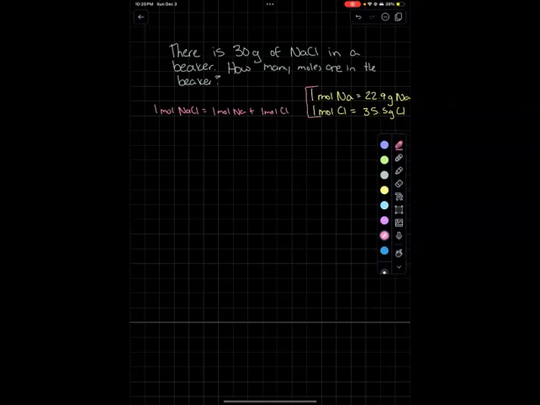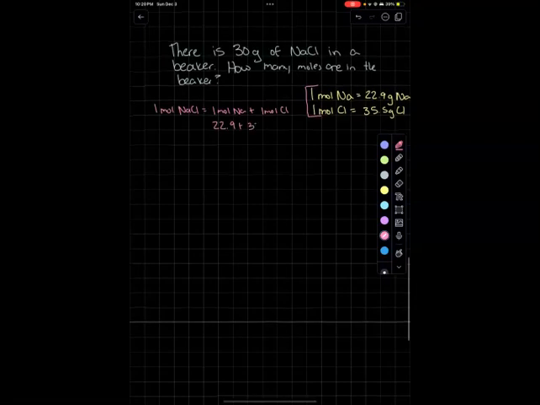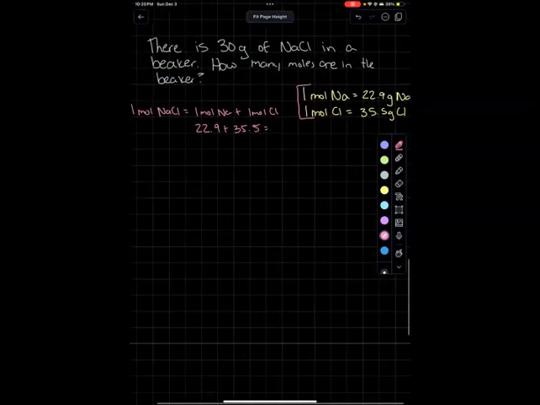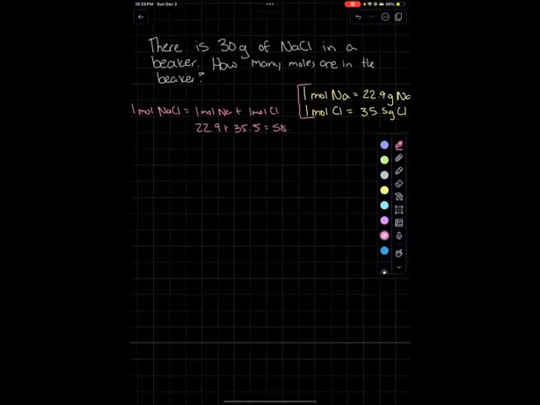I'm going to use my facts from the periodic table that 1 mole of sodium is equal to 22.9 grams sodium, and 1 mole of chlorine is equal to 35.5 grams of chlorine. That's just simple addition, so 22.9 plus 35.5, and you plug that into your calculator, and you get 58.4 grams sodium chloride.